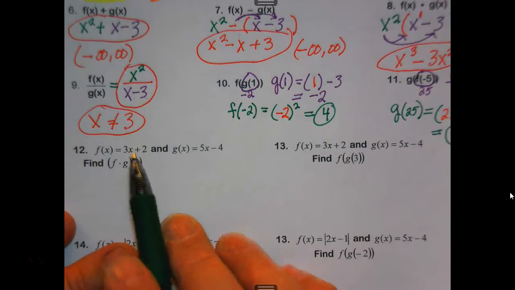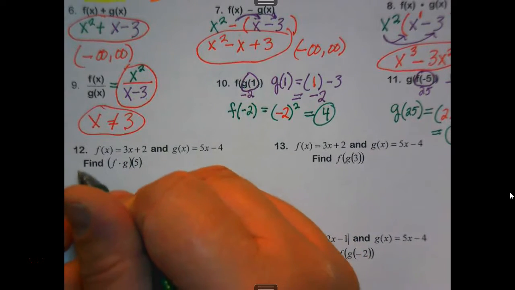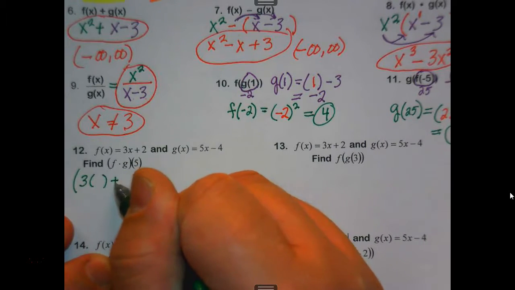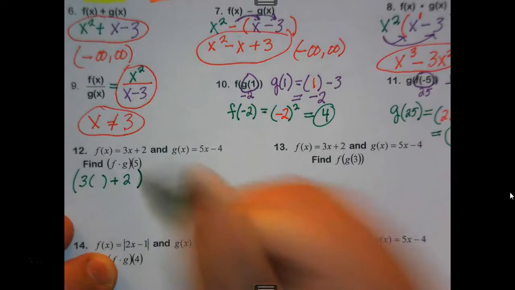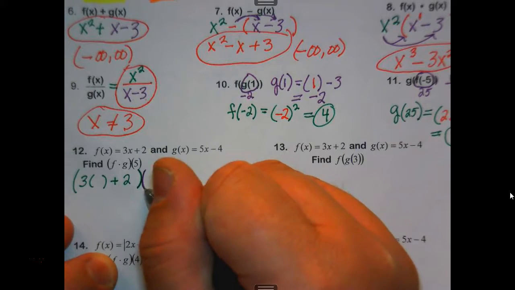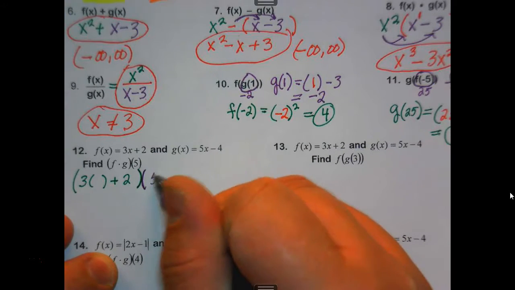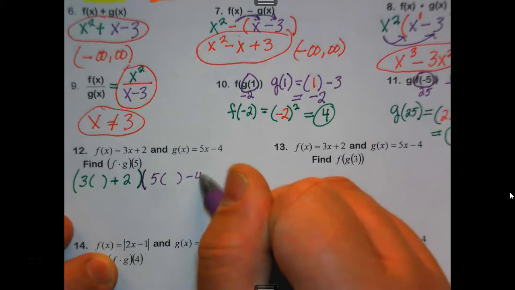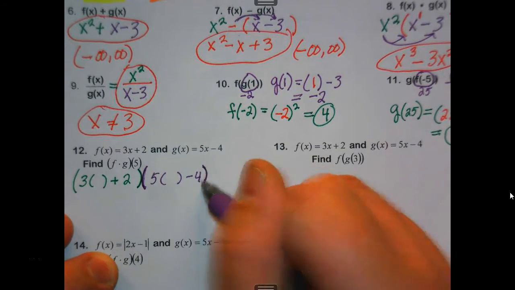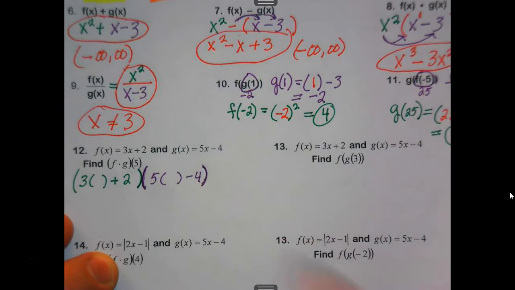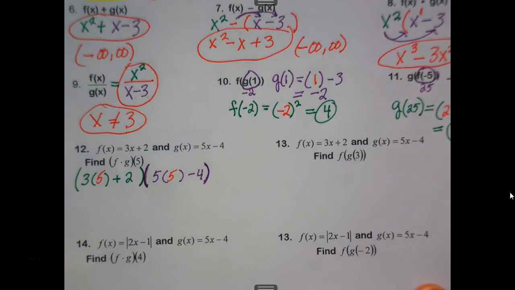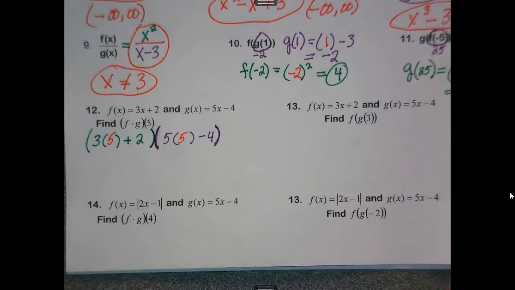So they want us to take the f function, which is 3x plus 2, and multiply it to the g function, which is 5x minus 4, but they want us to substitute the x with a 5. Okay, a little confusing, but we can do this.